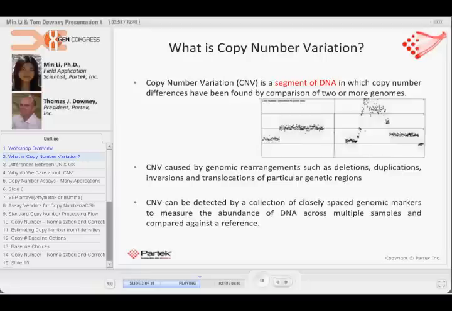Or you can use what else is out there, for example, the 270 HapMap samples, to create a baseline and then use it in your study. And of course, later when we talk about how you make your baseline reference, we will talk about the cons of each of these methods.